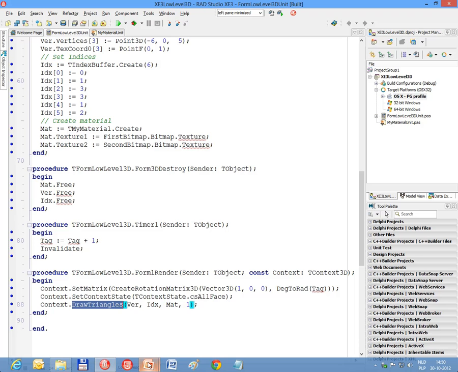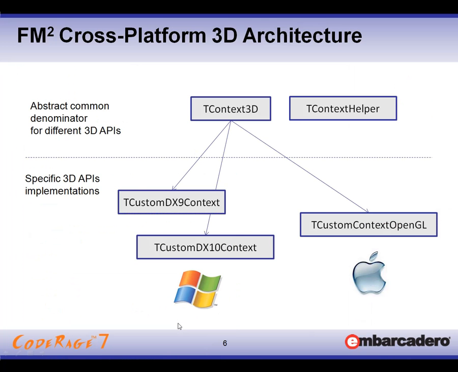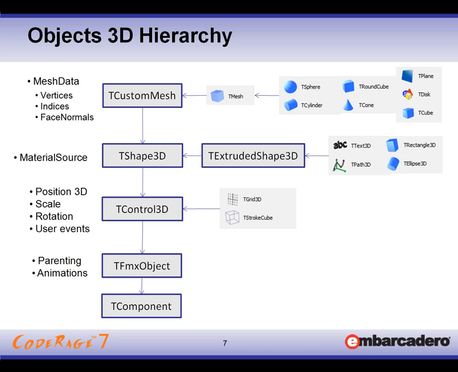But most of the time, you don't want to go that low level, just as you can still do assembler coding in VCL on Windows, but typically you want to use high-level abstractions, different components that come with Delphi or C++Builder. That's why we have a number of 3D components that you can use to make your work even easier.